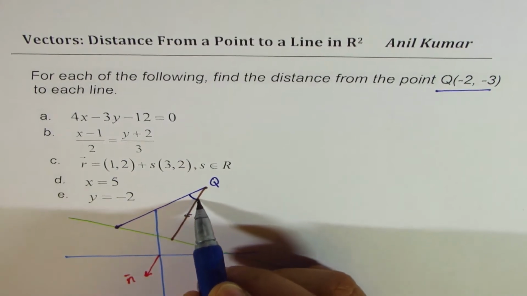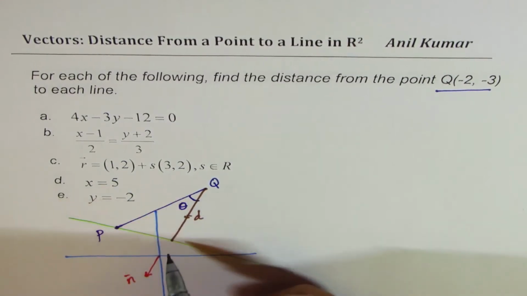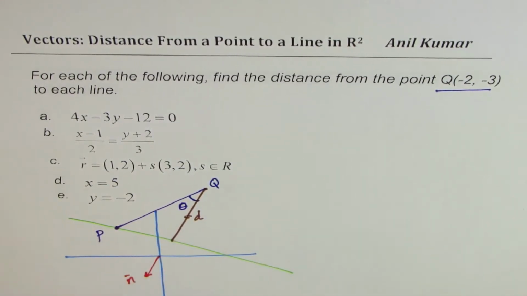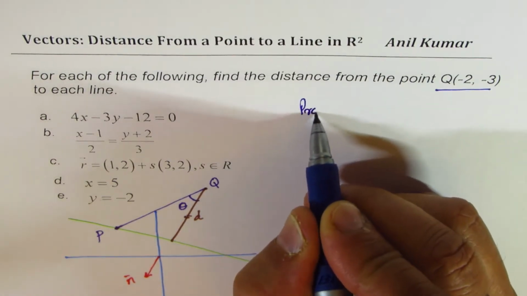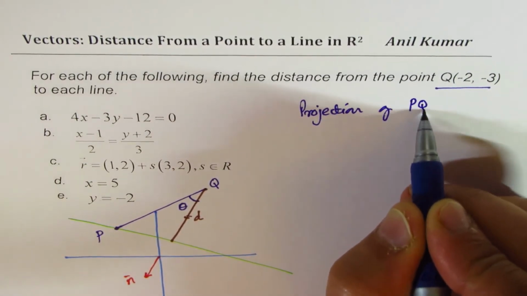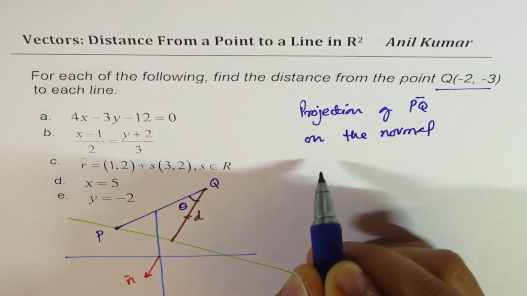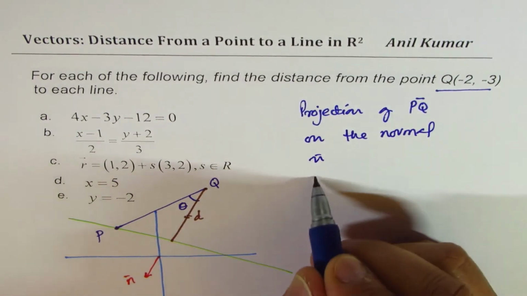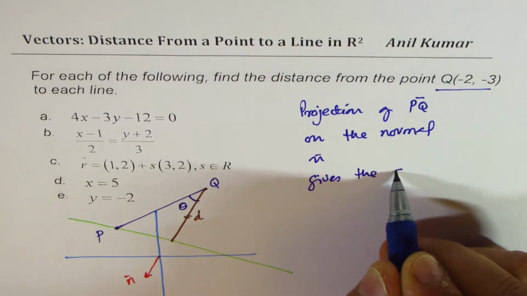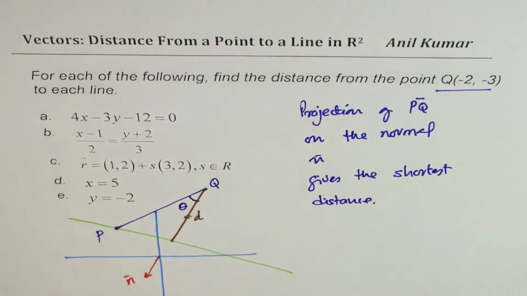Then, if this is the angle theta, the projection of vector PQ on the normal N gives the shortest distance. Is that clear?